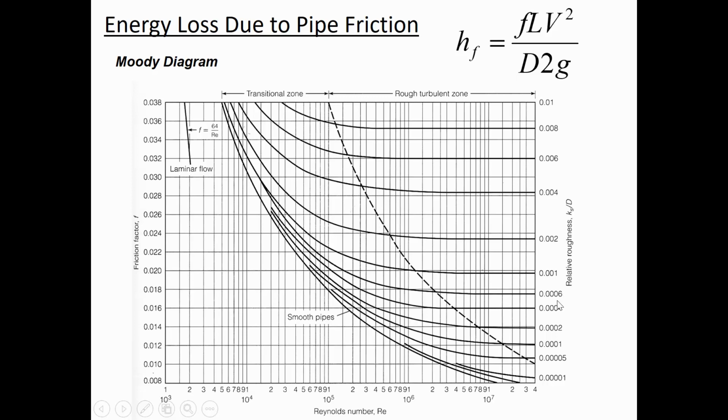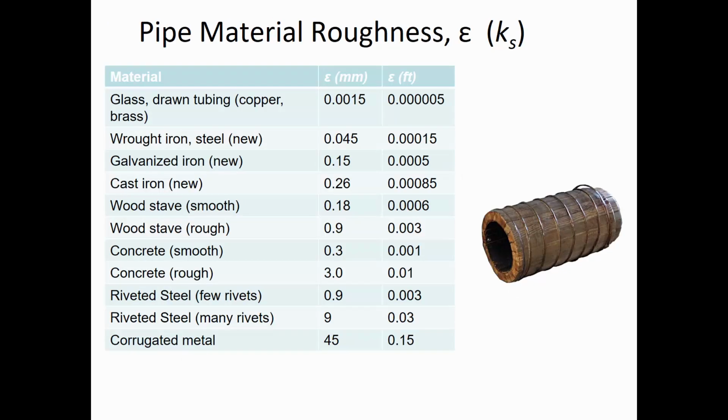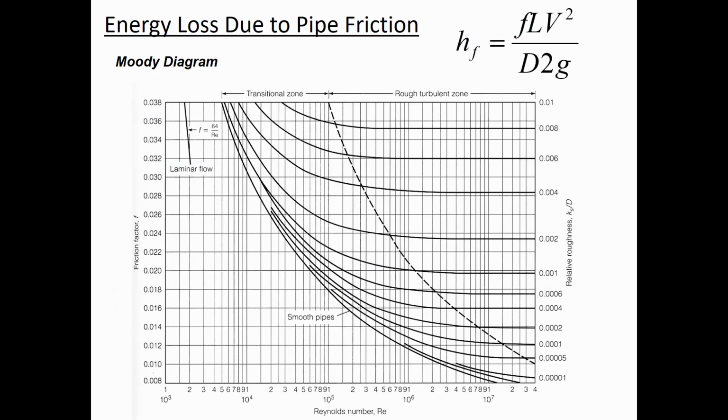So, for instance, if we have a pipe diameter and it's made out of cast iron that we're using, then we would go to the table and say new cast iron has an equivalent sand roughness of 0.26 millimeters.